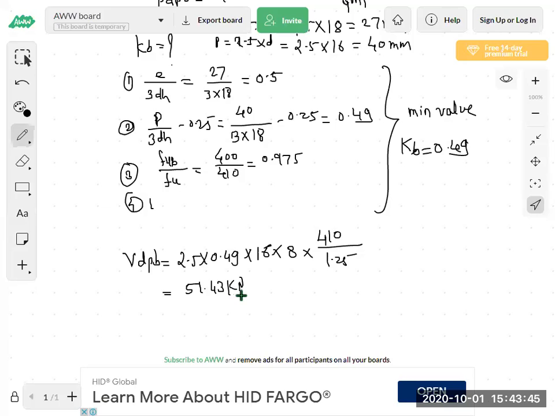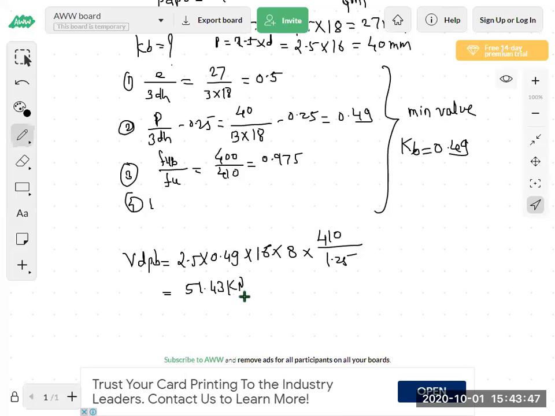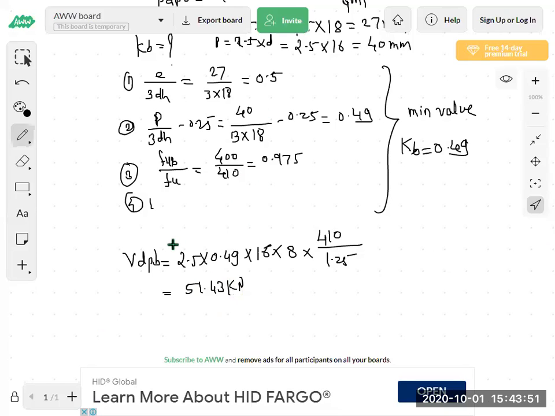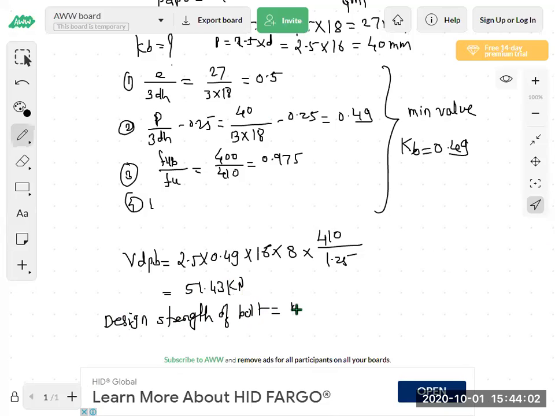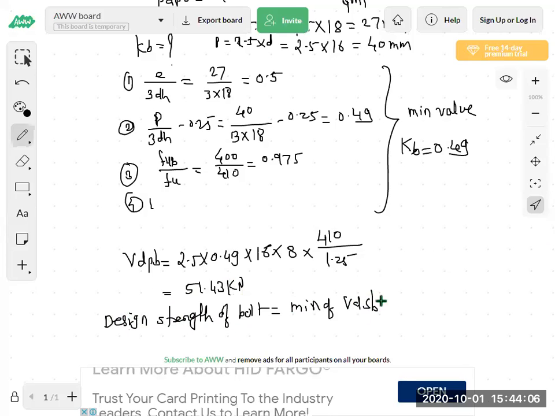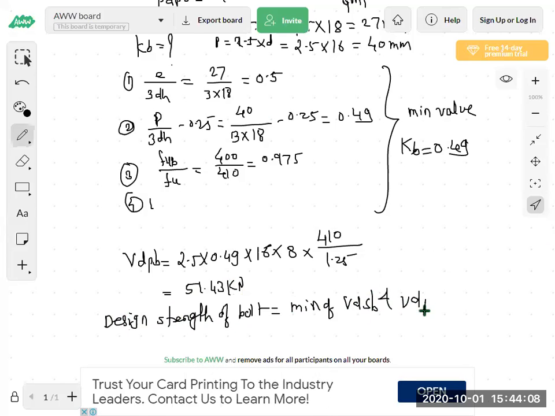So we have calculated the shear strength of bolt and bearing strength of bolt. Now the minimum of these two is the design strength. So which is minimum? Design strength of the bolt is equal to minimum of VDSB and VDPB.